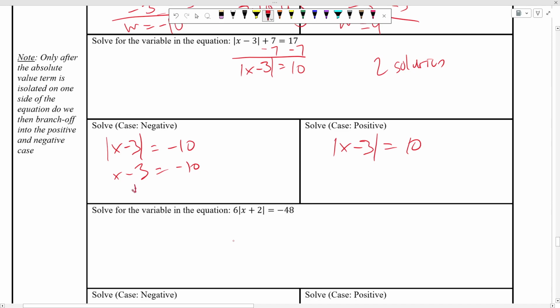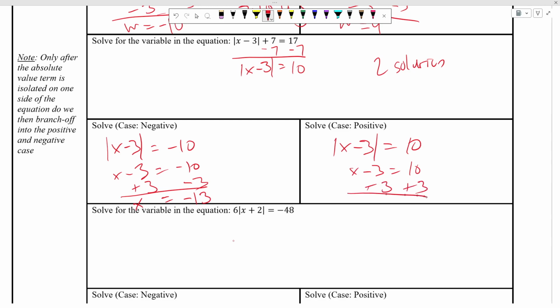let's see, here we go. I need to inverse this 3 across the equals sign. Let's see, x equals negative 13. Okay, x minus 3 equals 10. Need to inverse this across the equal sign to combine like terms appropriately. X equals 13. Do I have that right? I don't. Let me make sure.